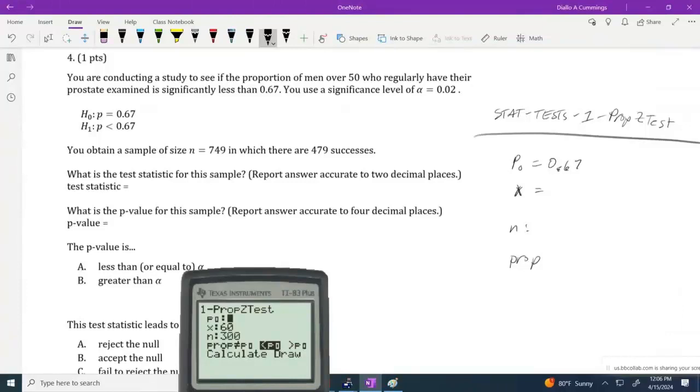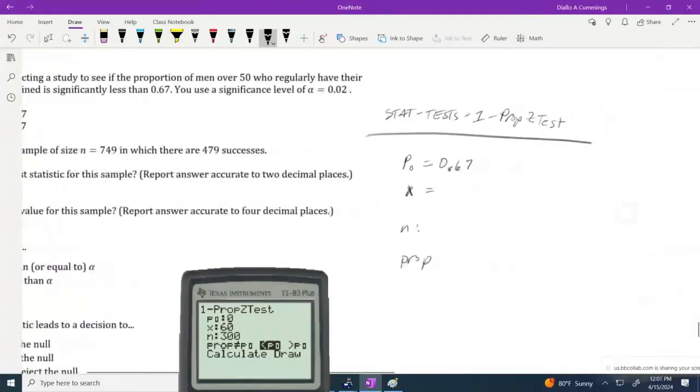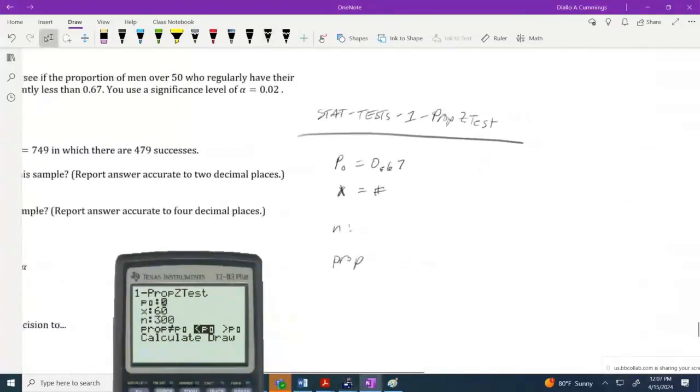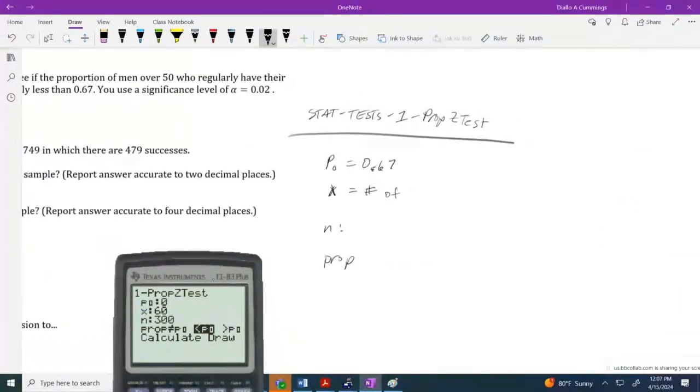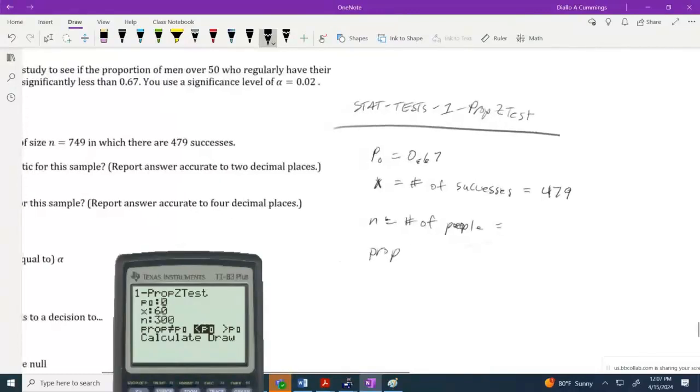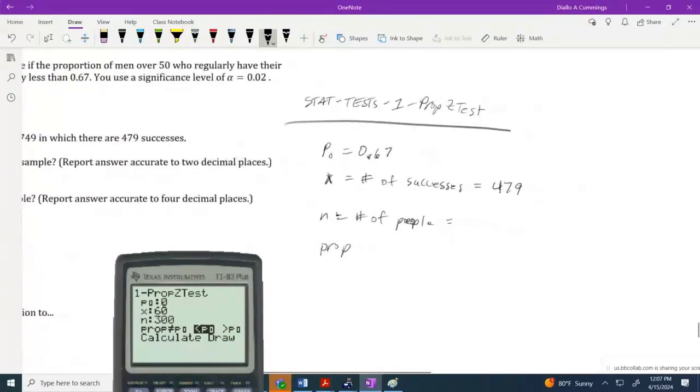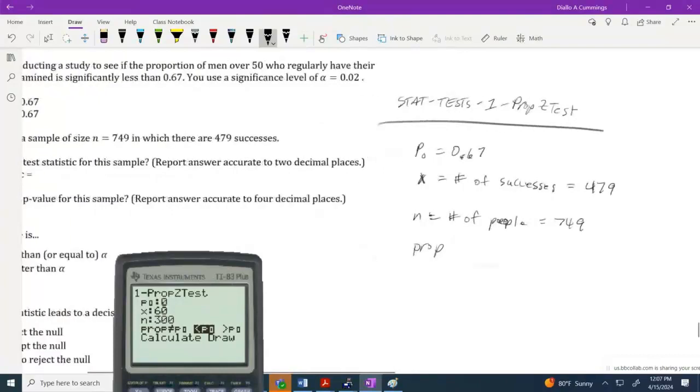What is X? Remember that we're dealing with the proportion, so X is the number of successes, right? So that's going to be 479. N is the number of people in the sample, which is 749.